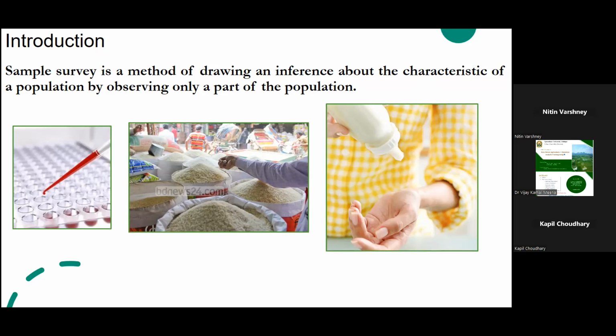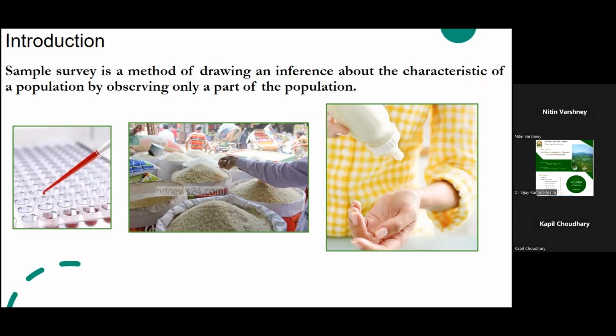Like for example, if we go for a blood test, we don't have to give the full blood of our body. That is our population. We just give a few drops or a few ml of blood for the testing or for characterization of the population of our blood.